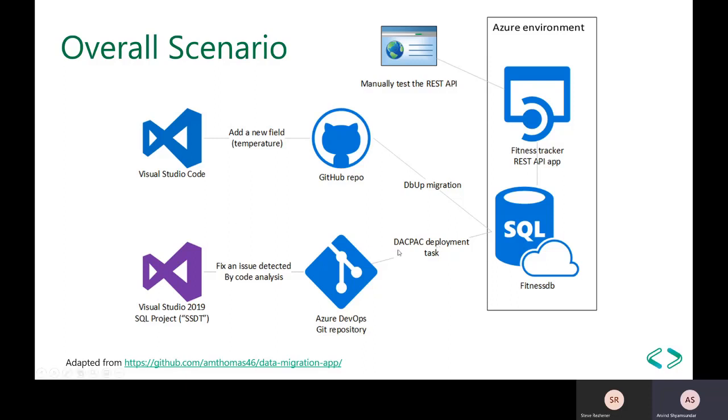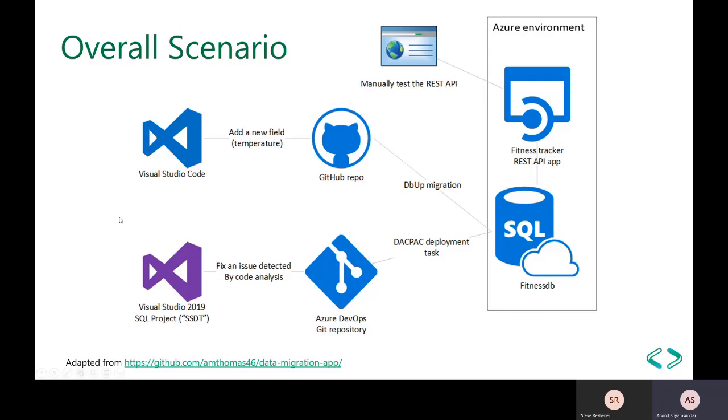With DAC packs and with SQL projects, you do not specify alter commands. You just say, I want to get to this state wherein the table has this column in it. And DacFx and SqlPackage, which are the tooling behind the scenes, they figure out how to change the database to get to that state. So they will create the alter statements for you, and you generally do not have to worry about the how.